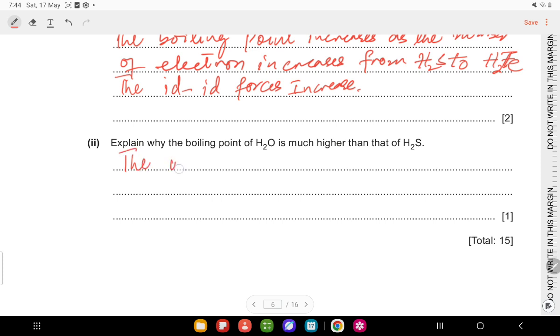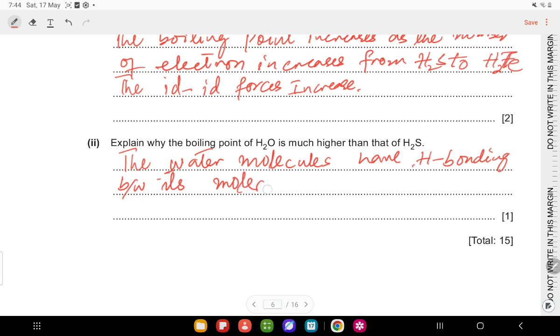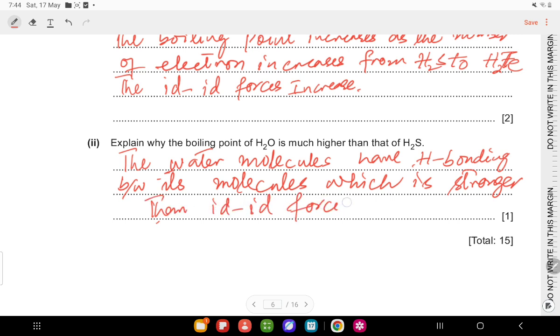Water molecules have hydrogen bonding between their molecules, which is stronger than the id-id forces present in H2S.